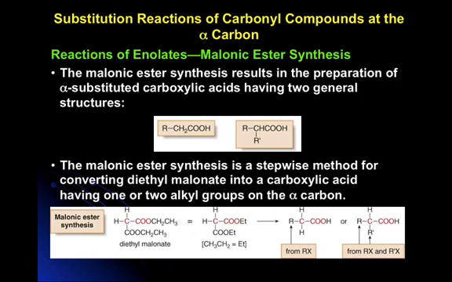But you can actually take these diesters and you can convert them into carboxylic acids. This is another way of making carboxylic acids. I want you to think about how we go from these types of structures to the carboxylic acids for Monday. I want you to write it down, okay?